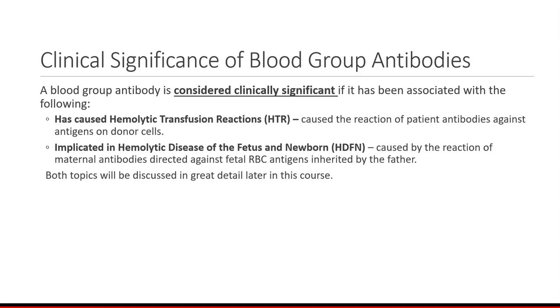Clinical significance of blood group antibodies: you must know this and remember this for the rest of your professional life. A blood group antibody is considered clinically significant if it has been associated with the following.